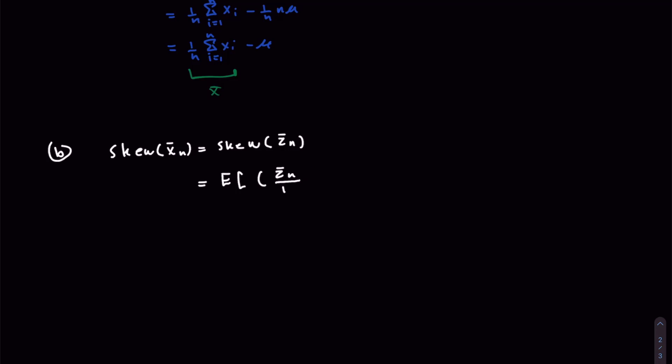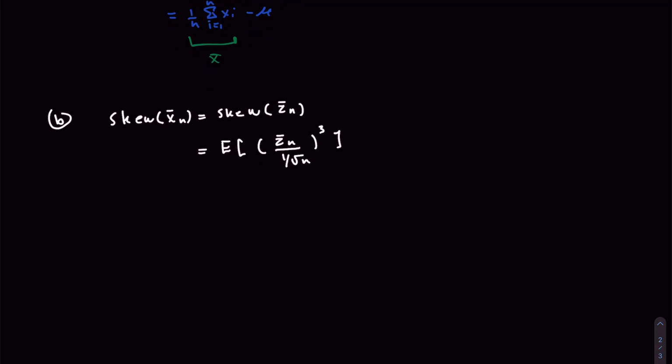We know by the previous question that the standard deviation is 1 divided by square root of n. And so here we're going to then just pull out the n term, and when doing that, we have to put it to the power of 3.